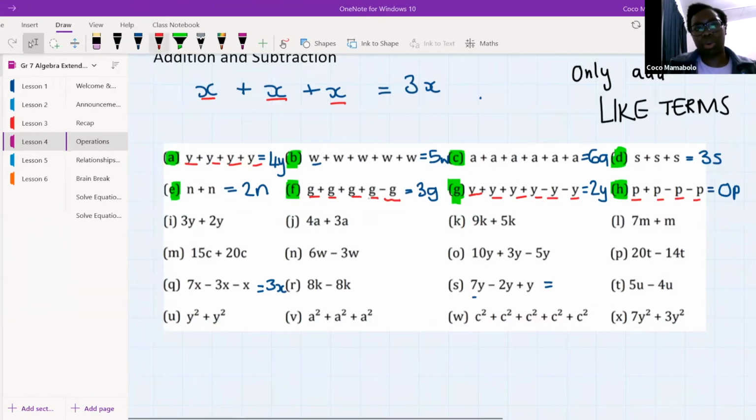Good. So 7y minus 2y is going to give me 5y. And then I still have to add another y, because 7y minus 2y will give me 5y plus y. How much is that going to give us? 6y, ma'am. Oh, excellent. It's 6y. Okay, good stuff. Well done, Buche.